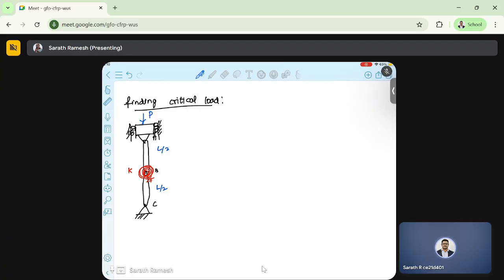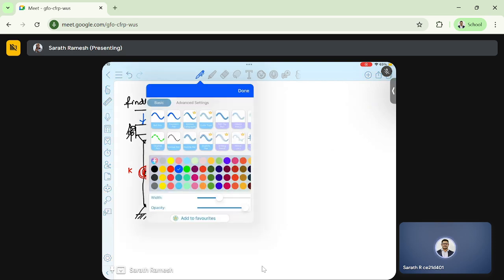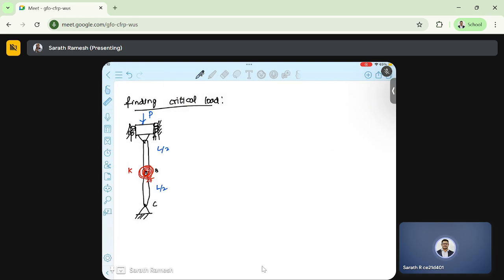That particular threshold value of the load we call P critical. So let's see how to solve. We just need to draw the equilibrium of the body, so let me draw the free body diagram to find the equilibrium equation.